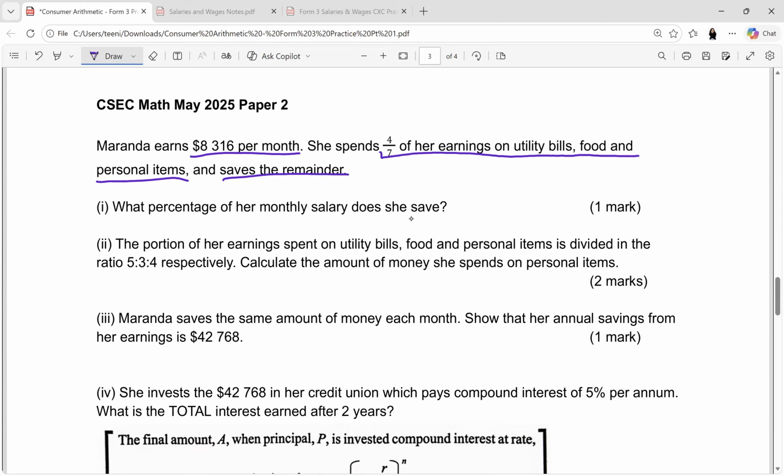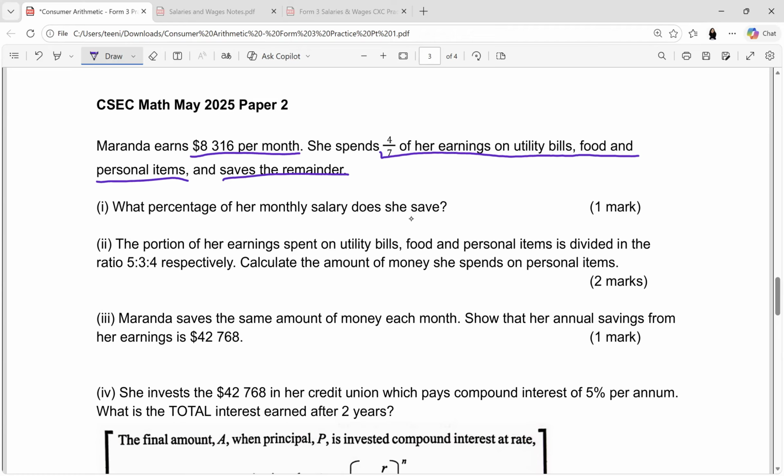Soraya, how do you think we would do that part? To find out the percentage of her monthly salary that she saves. We find 4/7 of 8,316.